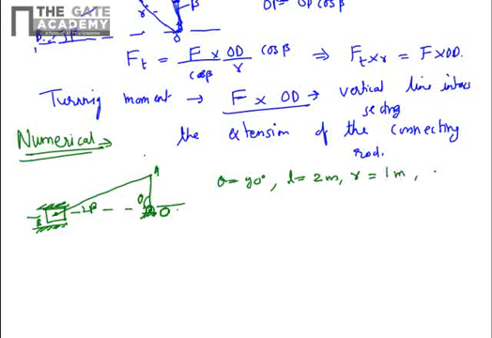So n, which is the ratio of L by R, becomes 2, and the mass of the piston is given as 1 kg.